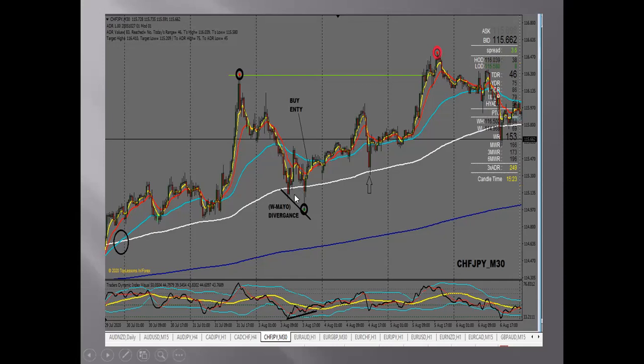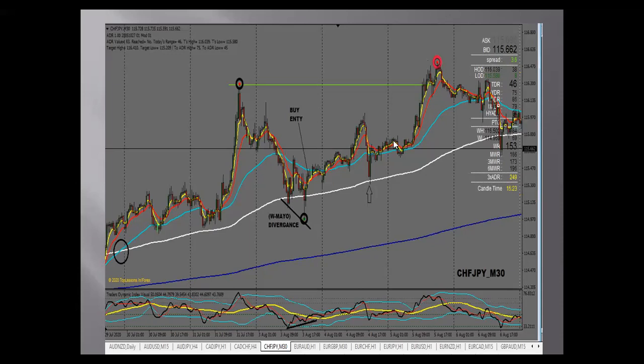All right, guys, just looking at this screenshot over here, I always look for anything that is bouncing off this 200 EMA, also known as the Mayo. And remember, I always have 3 important EMAs that I always have as points of reference.